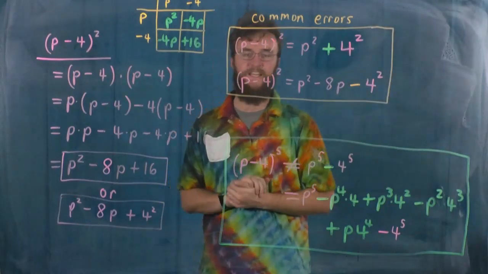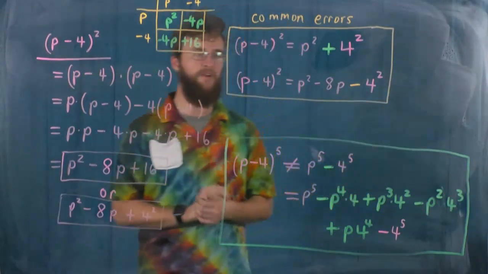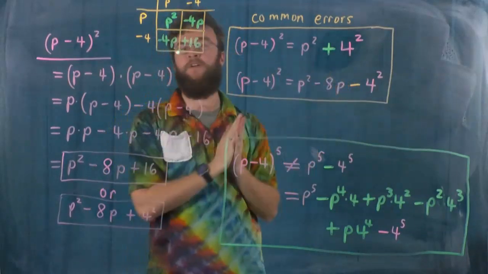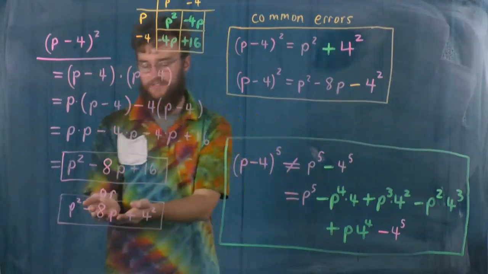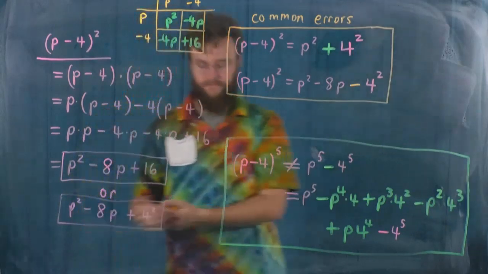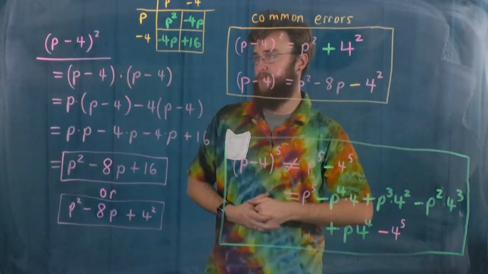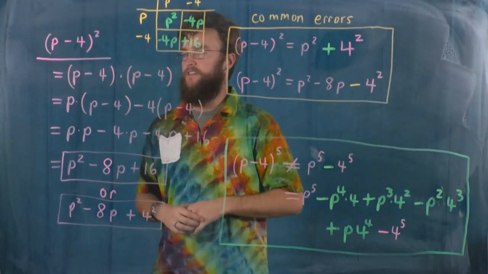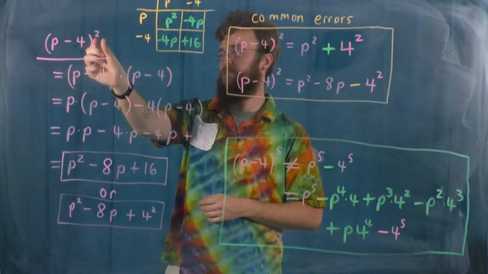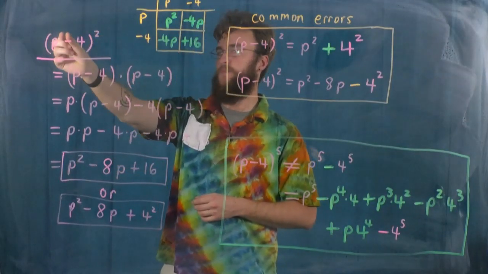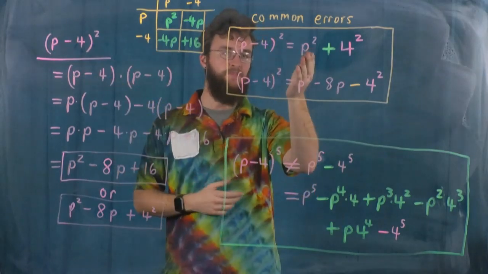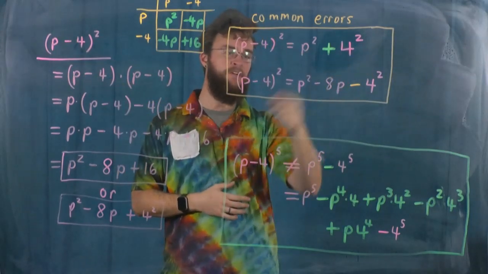There'll be misleading answers. And so one of the ways that you can encounter a misleading answer is it'll hide this negative 8p. And so it's tempting because it's easy to look at this and think, oh, okay, I just move the squared onto the 4 and onto the p. So p minus 4 all squared is p squared, negative 4 squared is plus 4 squared.